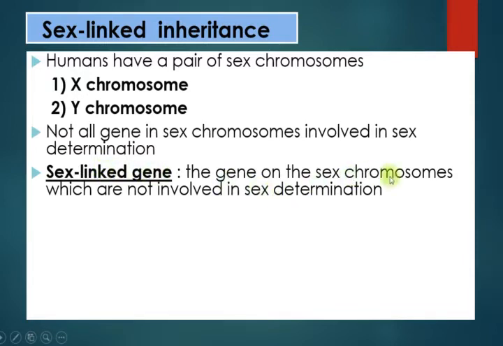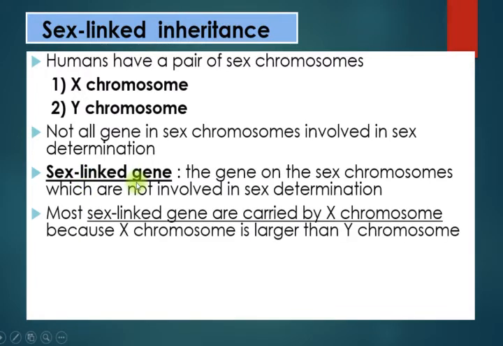The genes on the sex chromosomes which are not involved in sex determination. So this refers to the sex-linked gene. Most sex-linked genes are carried by the X chromosome because the X chromosome is larger than the Y chromosome.